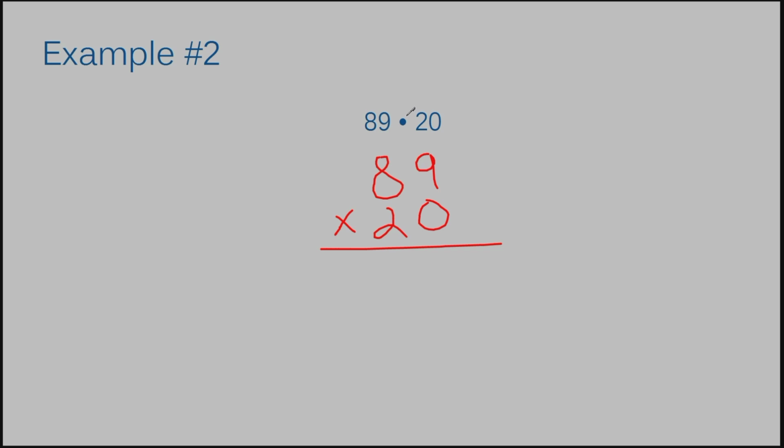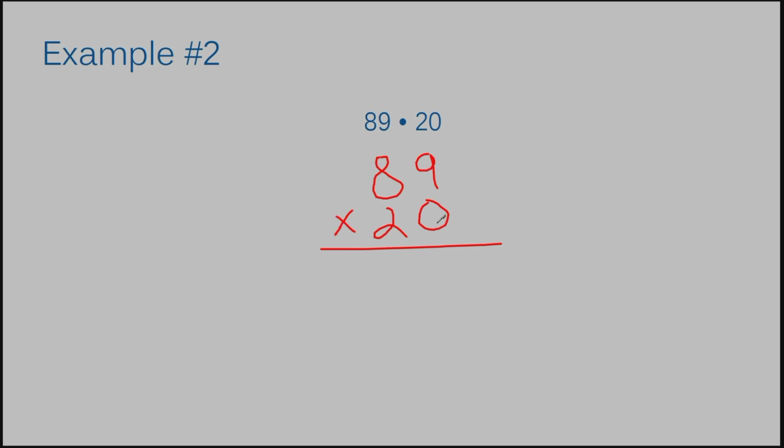So you could see this exact same problem written with an X to represent multiplication, or a dot, and they both mean multiplication. When I've rewritten it the more traditional way, I've written it with an X for my multiplication sign. But they both mean multiplication. Oh, I do want to add, you would never write a dot here and then multiply. You would always use an X when you're multiplying like this.